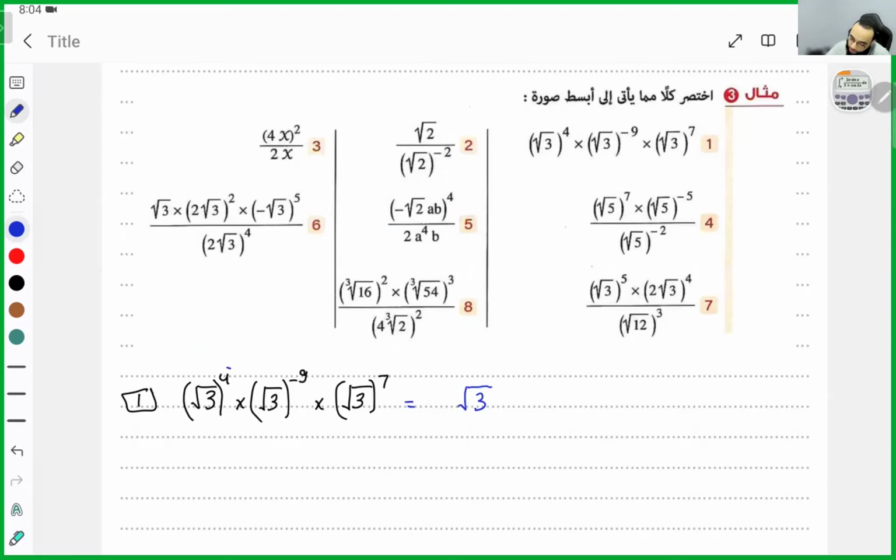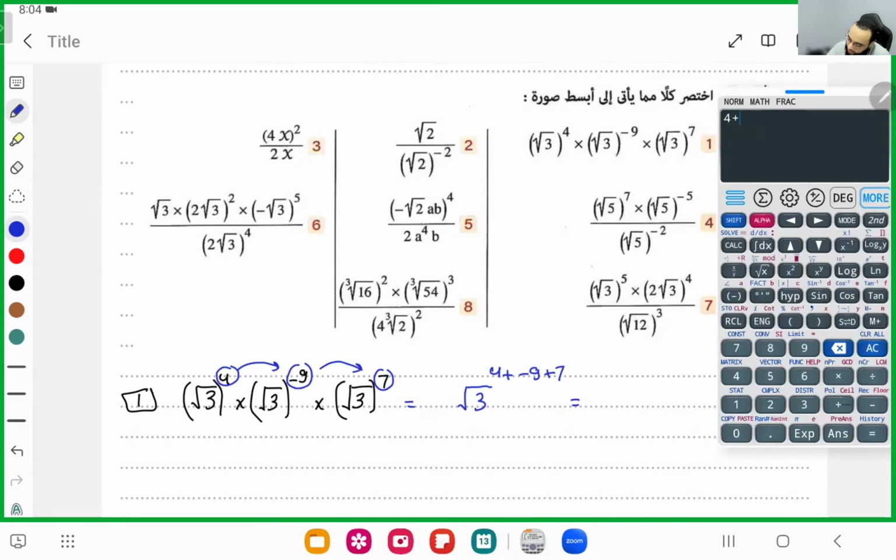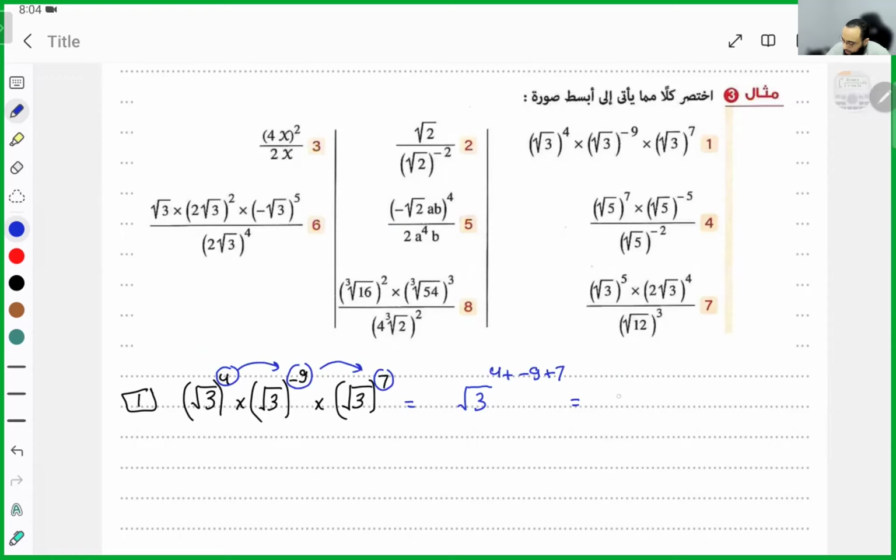And what we will do with the powers? The powers will be added together. Then it's 4 plus negative 9 plus 7. With the calculator, you can do it. It's 2. Then it's root 3 power of 2, which is 3.